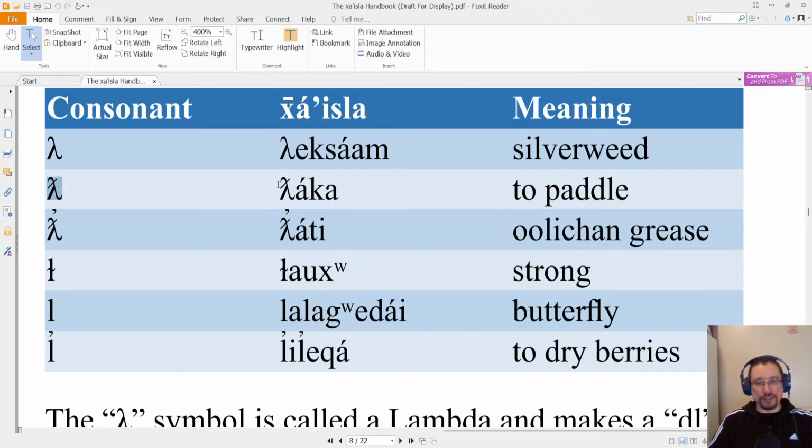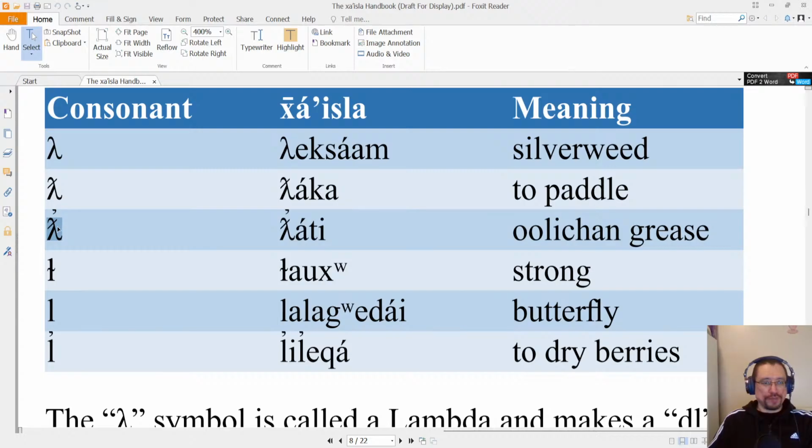But you can call this a barred lambda or the running man, whatever is easier for you. The example here is tlakya. Tlakya. This running man, or barred lambda, makes a TL sound. Tla. Tlakya means to paddle.